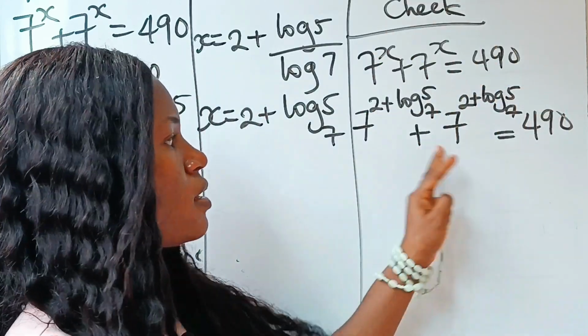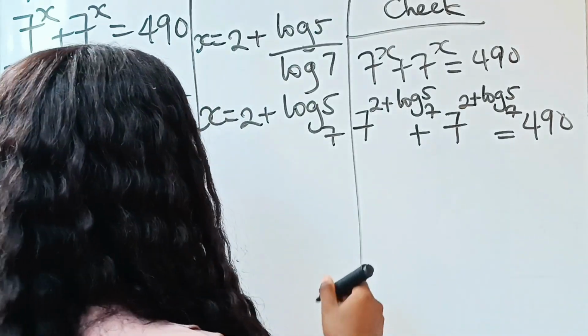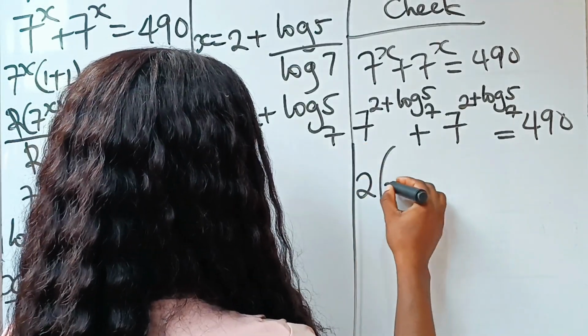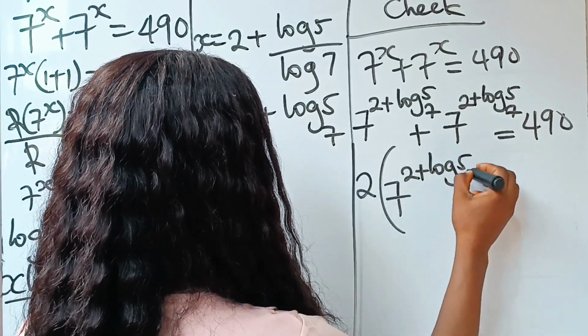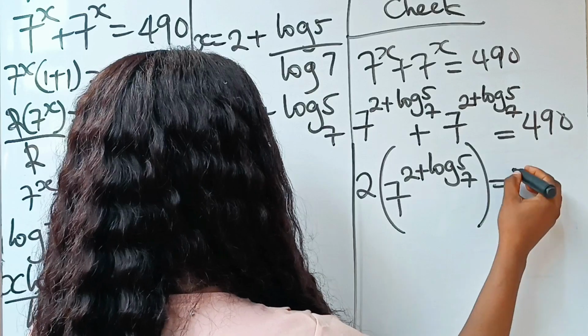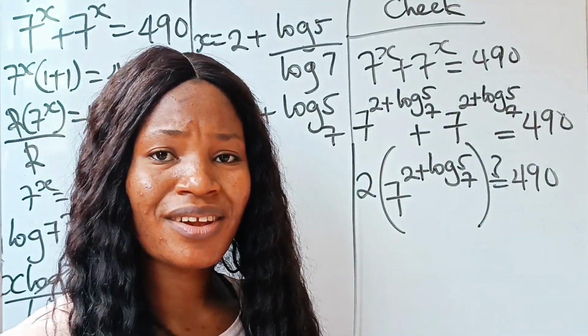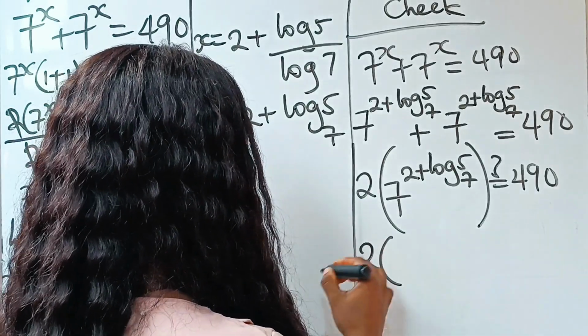Now we have the same thing in two places, so it's the same thing as 2 times that thing. Okay, so we'll write this as 2 multiplied by 7 to the power of 2 plus log 5 base 7, all right, is equal to 490. Let me even put a question mark. Is it really equal to 490? Okay, so this is 2 brackets.